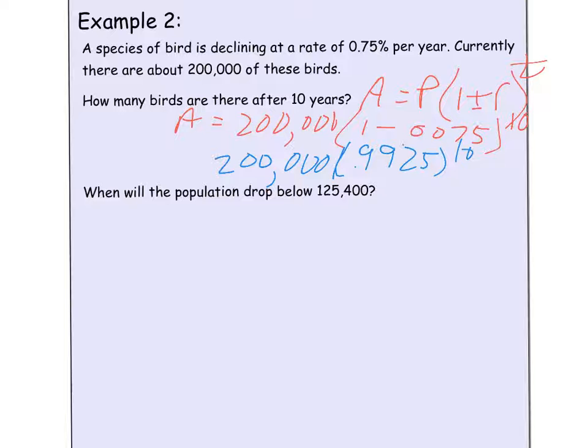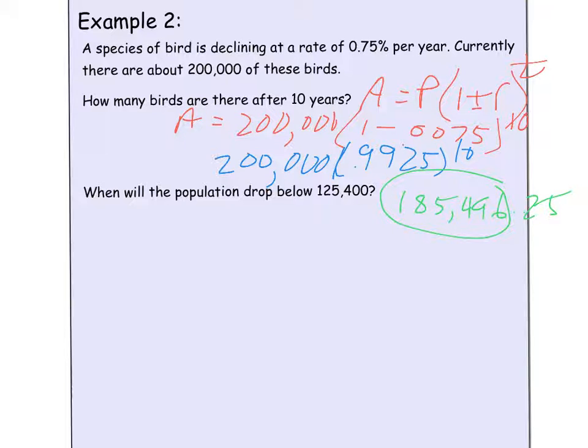So this is the answer I'm getting. I hope you guys get the same thing. I'm getting 185,496.25. You could put the 0.25 in there if you want, but there's no such thing as a quarter of a bird, so it'd be 185,500 roughly.